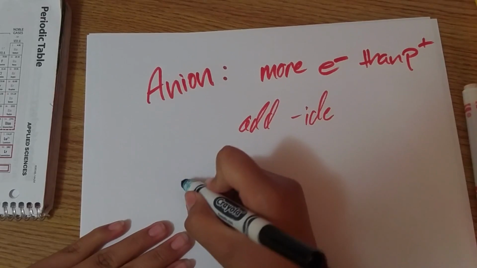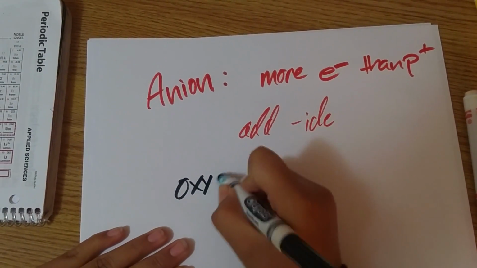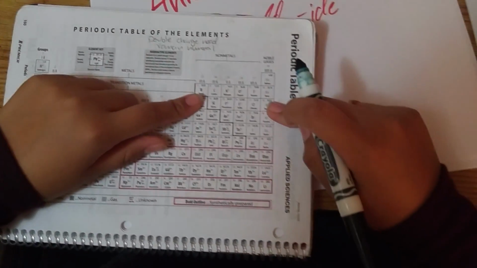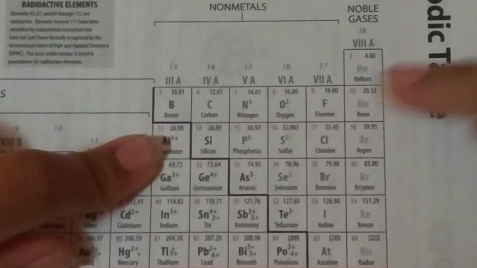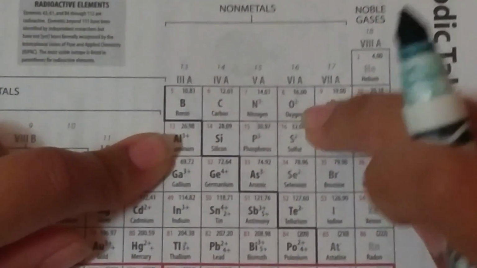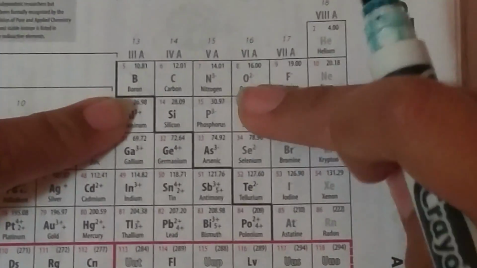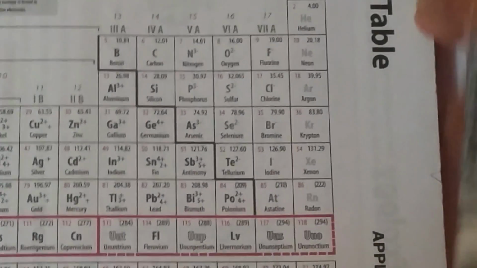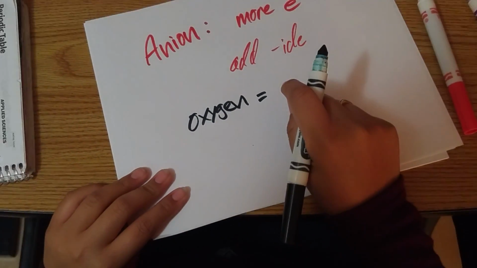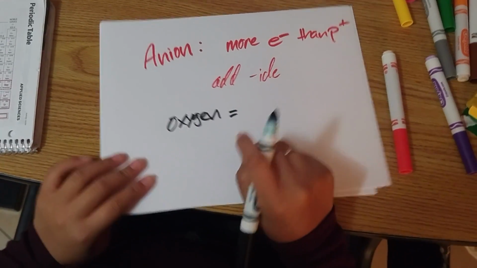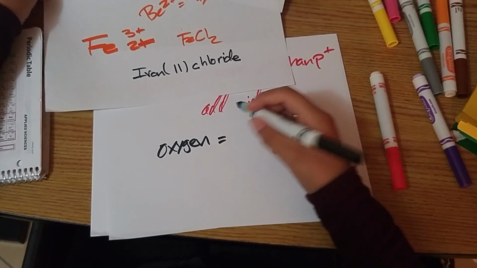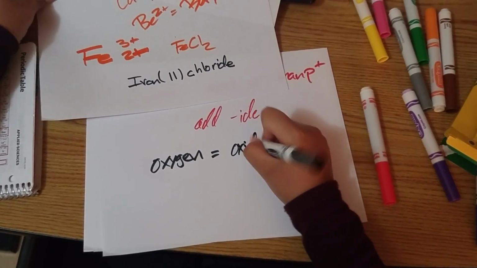For example, one of these would be oxygen, which you can tell is an anion because on the periodic table it has a negative charge, which would be the nonmetals. So oxygen, when it's on the second end, would be written oxide.